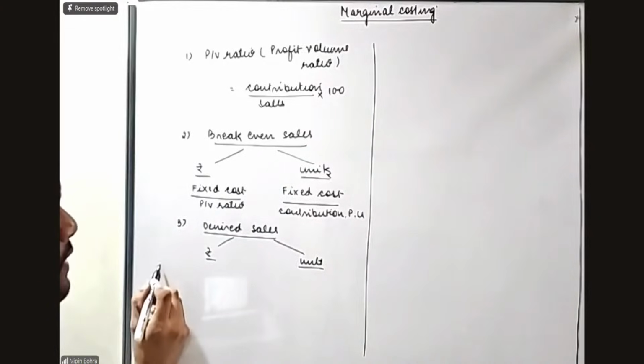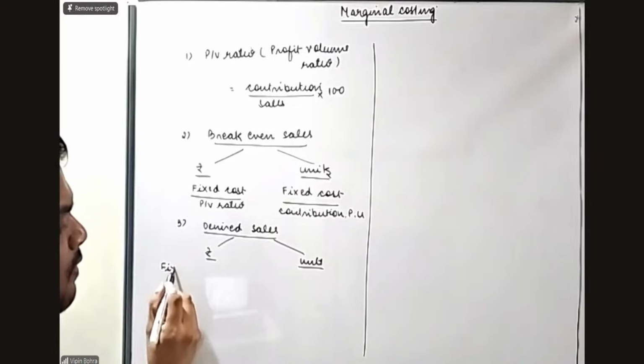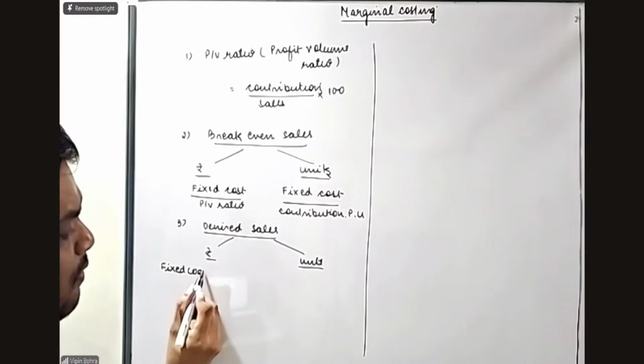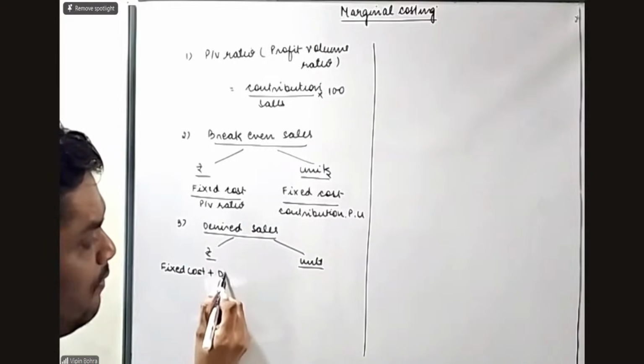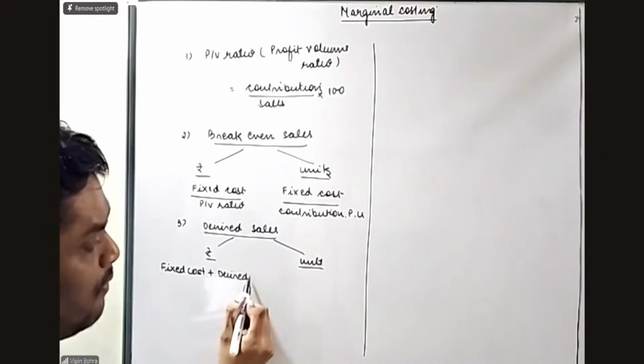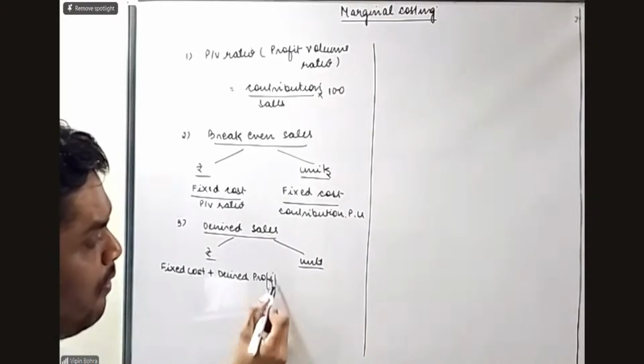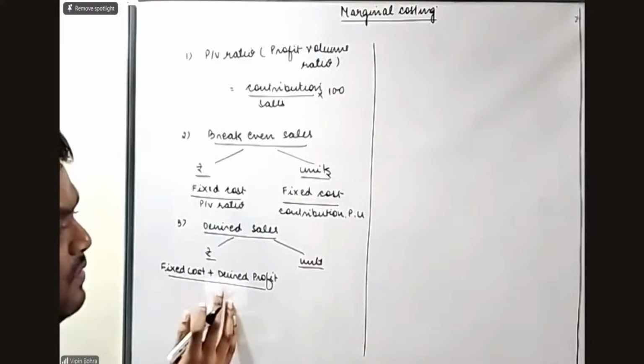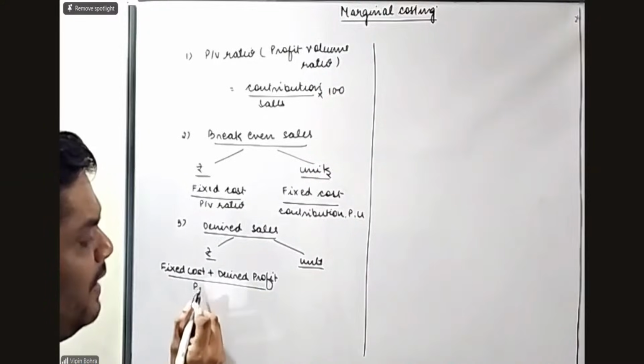If you want to calculate it in rupees, it is fixed cost plus desired profit divided by PV ratio.